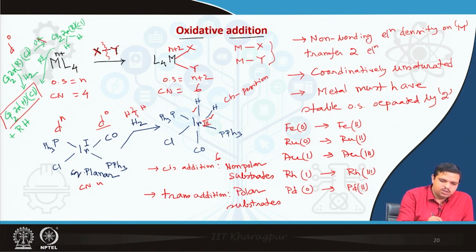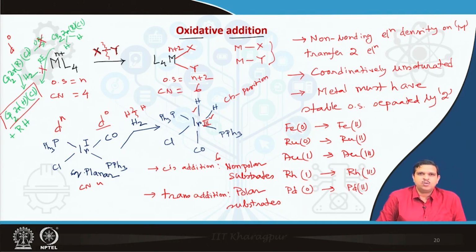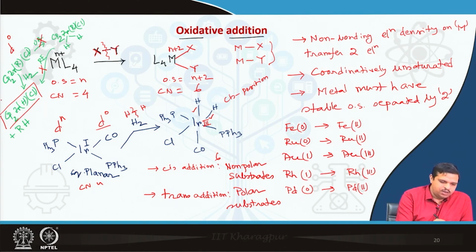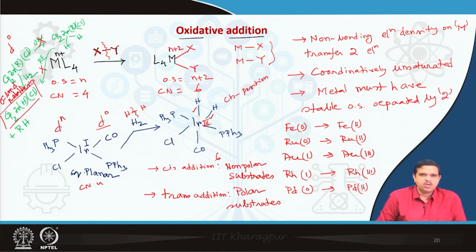So, this is not the step, and that is why I told it is very interesting and very funny. For this reaction it proceeds through a different mechanism, that is the sigma bond metathesis reaction. Okay. How does it proceed? You solve it yourself. Okay.